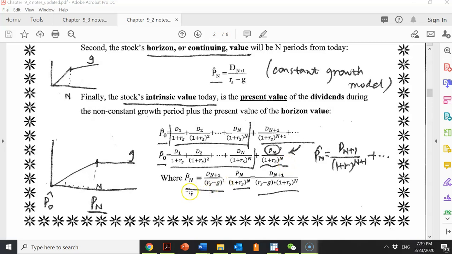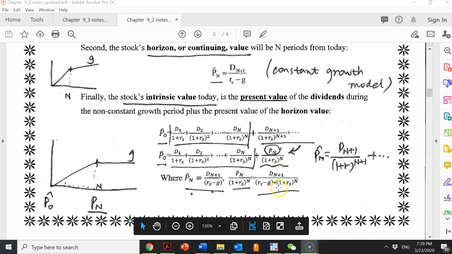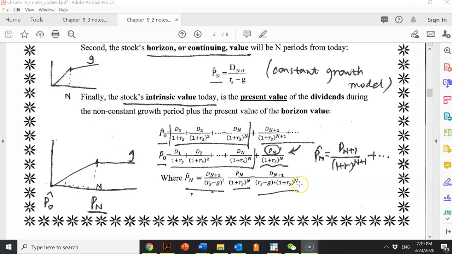And Pn here equals Dn plus 1 over Rs minus G. Again, it's using constant growth model in the second stage. And Pn divided by 1 plus r to the power of n would become Dn plus 1 over Rs minus G, which is Pn, and the denominator multiplied by 1 plus r to the power of n.